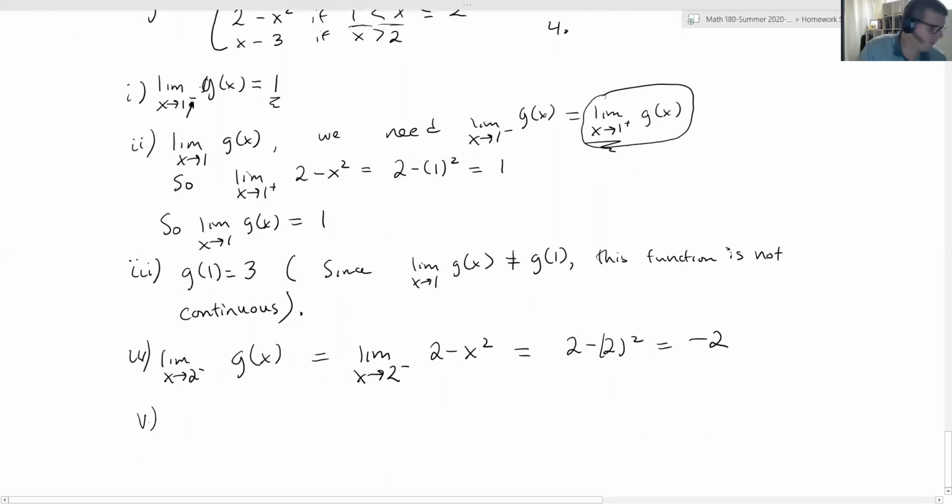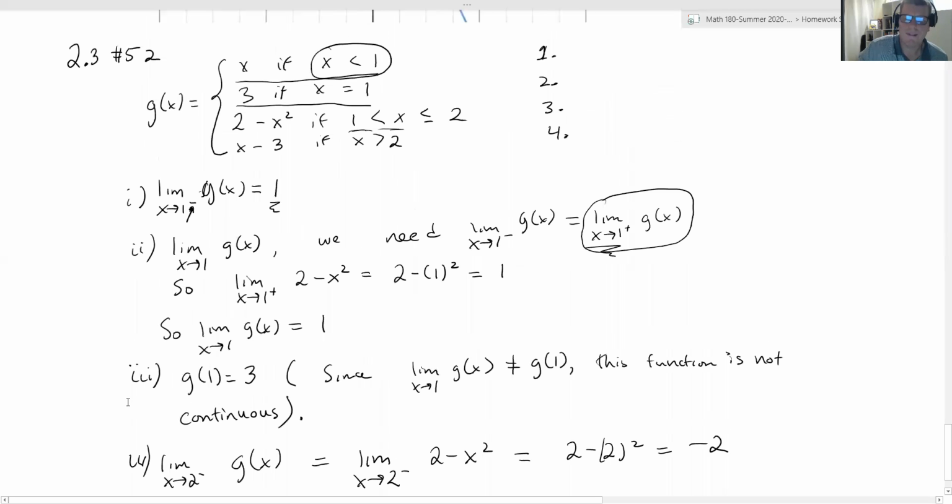And we have 5. What about the limit as x approaches 2 positive of g of x? We're going to use number 4. That's right.